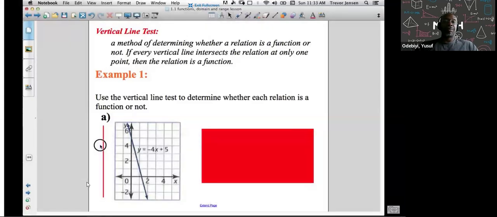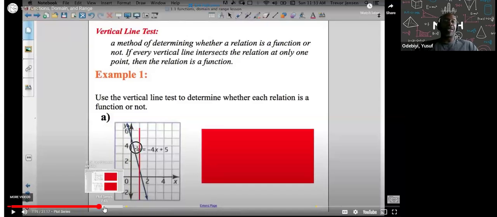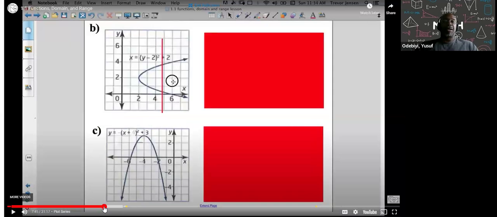If I take a vertical line and pass it through this relation, notice that it only ever touches it once. So you know it's a function. Now once you understand the vertical line test, it becomes baby food. I'm going to pass this vertical line here.